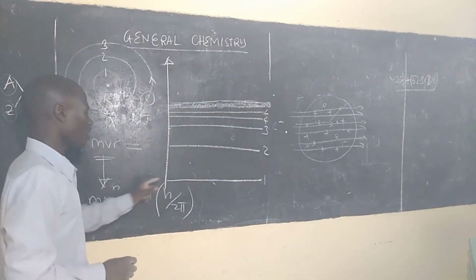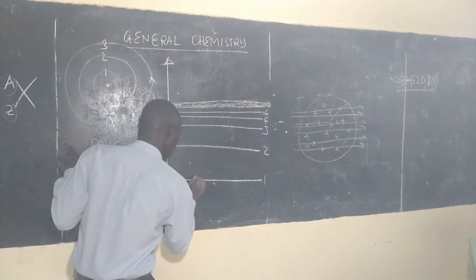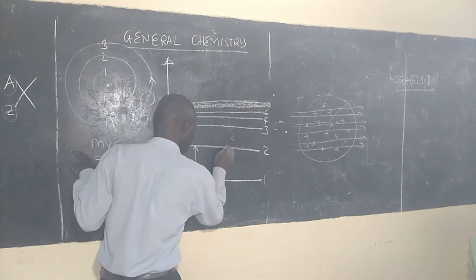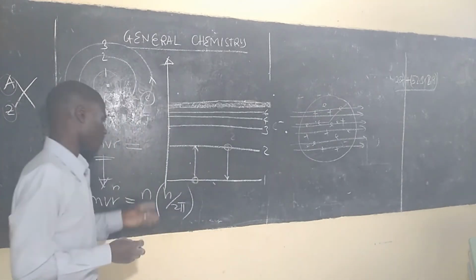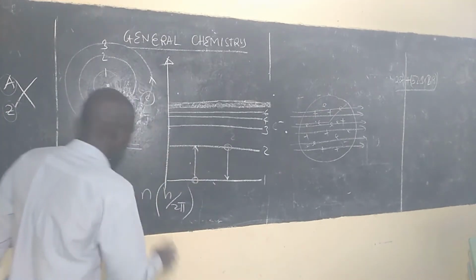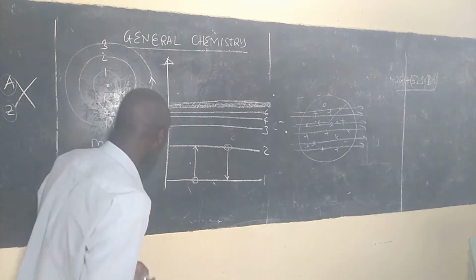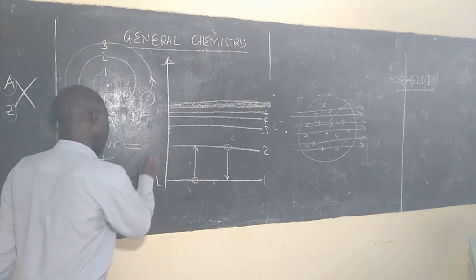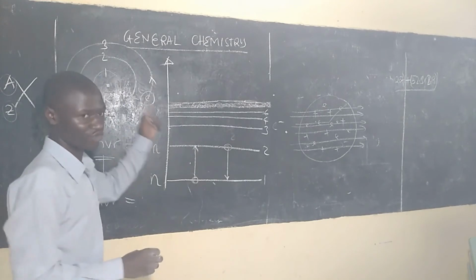So from there, an electron can jump from here to this energy level, but also an electron can jump from this orbit to this energy level. It depends on whether the electron was initially at energy level n is equal to 1. To go to energy level n is equal to 2, it must absorb energy.